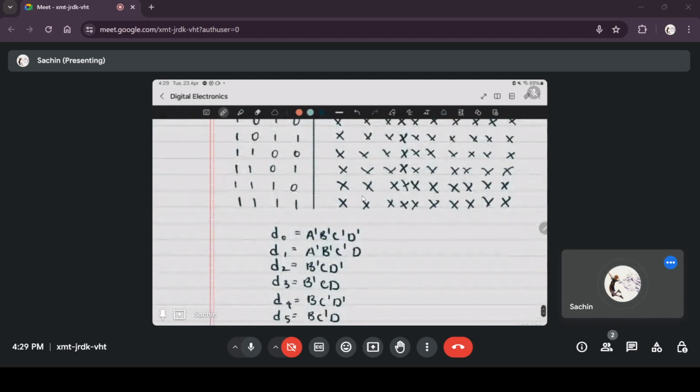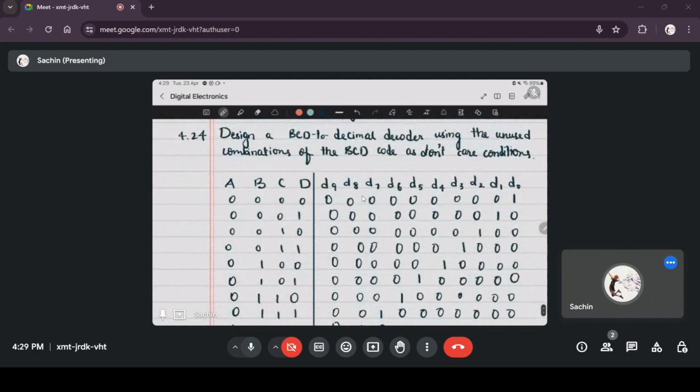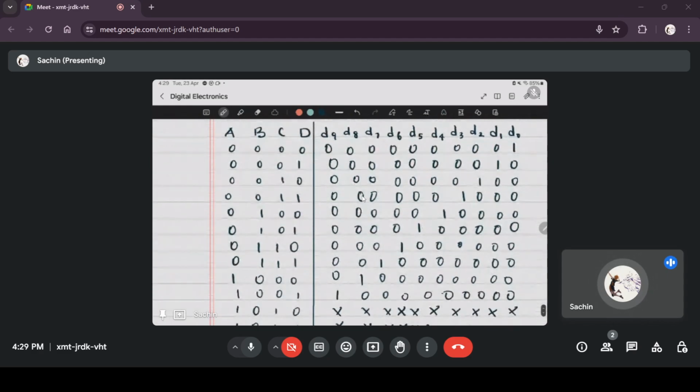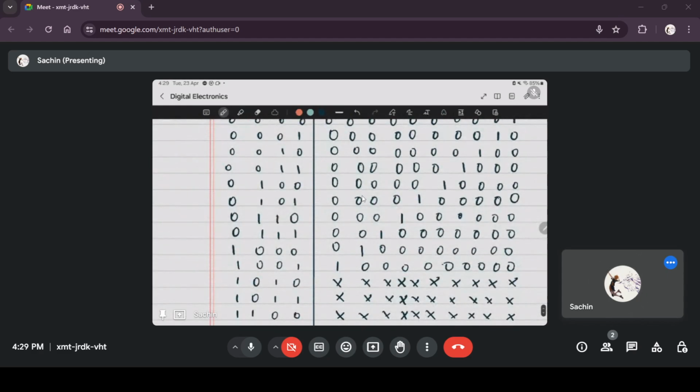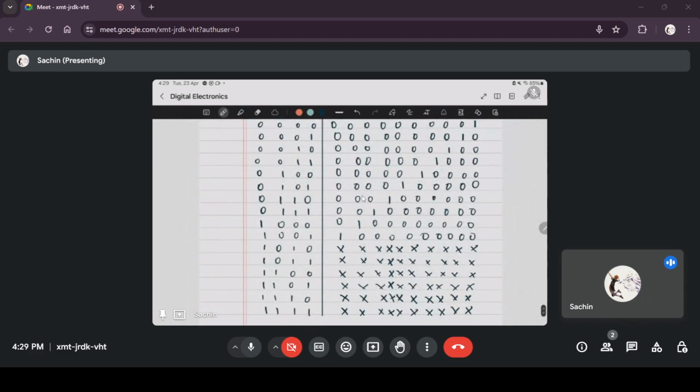One interesting thing to note in this decoder, in any truth table, is that we start from 0 0 0 0 and go to 1 1 1 1, the number with all zeros and the number with all ones.